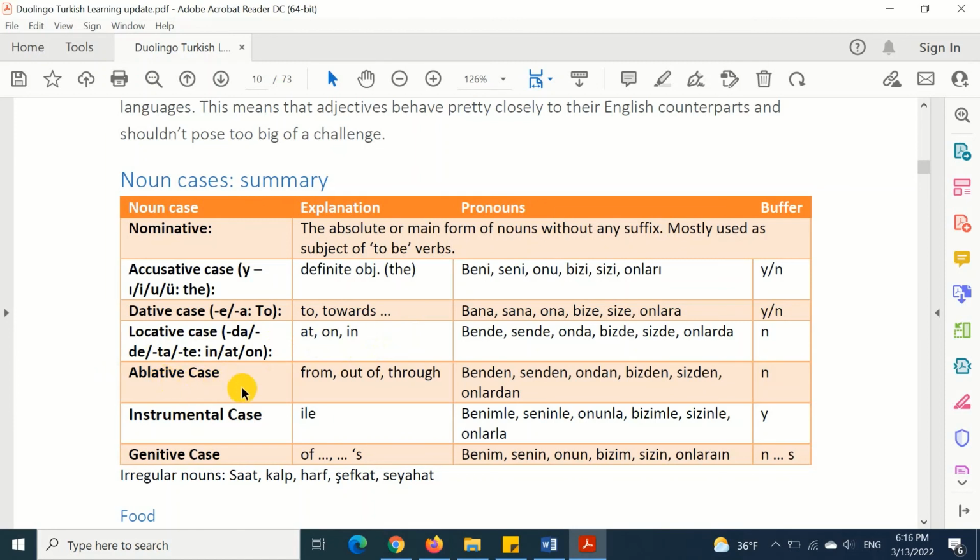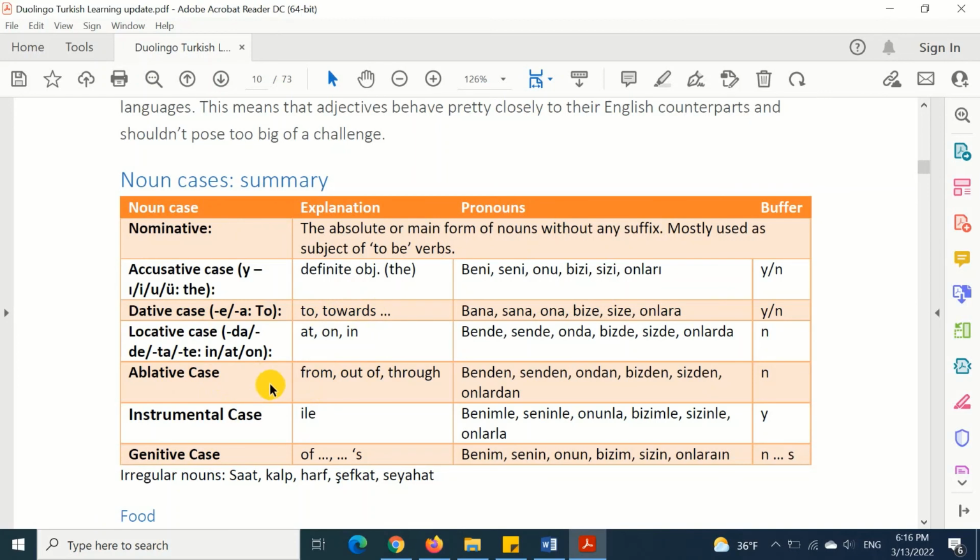Ablative case, whenever you are trying to convey the idea of moving from a noun, so you use ablative case. For example, from school. In dative case, you are going to school, towards, but with ablative, from.